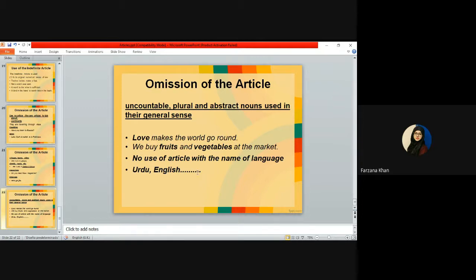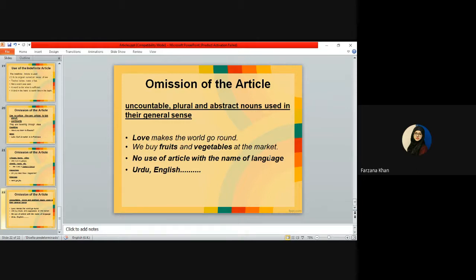But when it comes to only the common noun language, you can say a language or the language. When you are saying a language, it means you are talking about any one language. But when you are stating the language, the first rule of the use of the definite article will be applicable here.